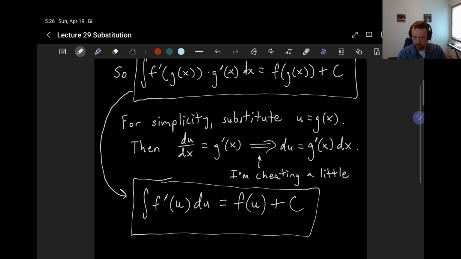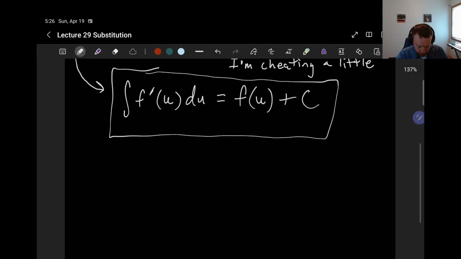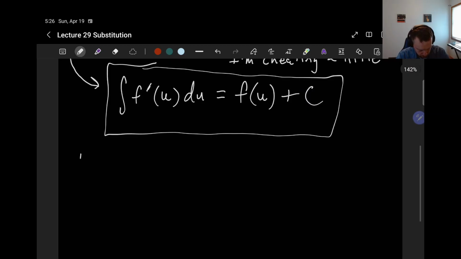So before we start doing examples, I want to give a tip. When you encounter these problems, first you have to recognize that it's a substitution problem. And secondly, you need to decide, what should I make u?